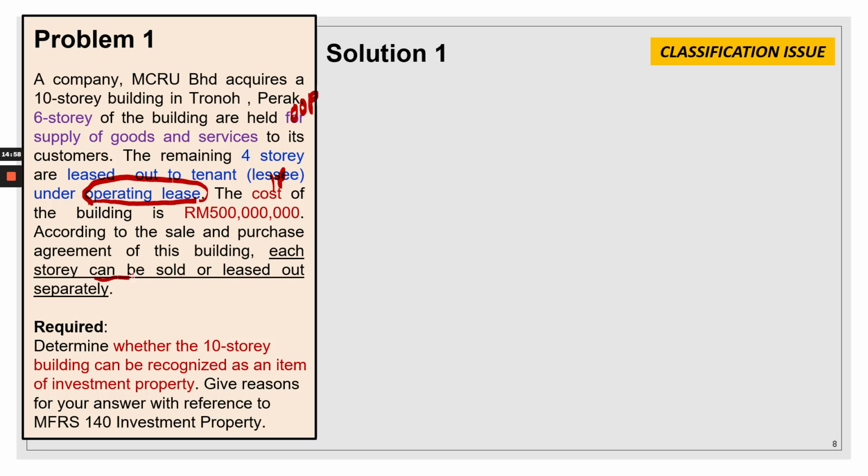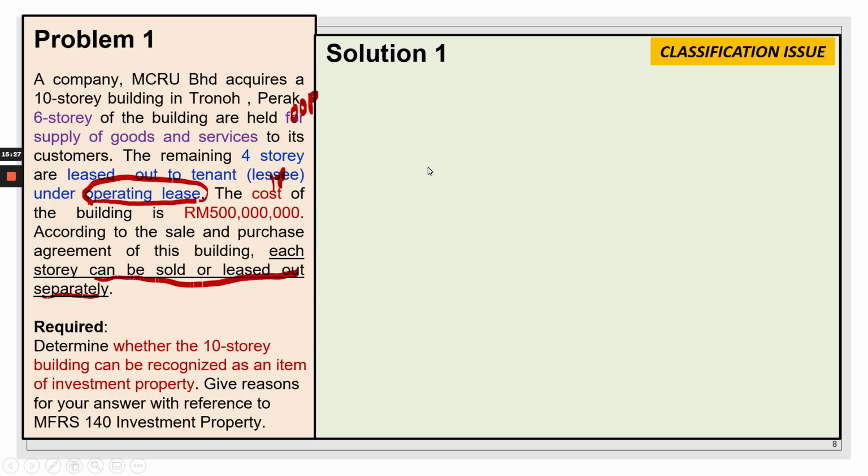That is an important point. You're required to determine whether the whole building can be recognized as an item of investment property, giving reasons with reference to MFRS 140. Take note that the standard says if you can sell or lease out separately, they should be accounted for separately. So let's look at the answer.